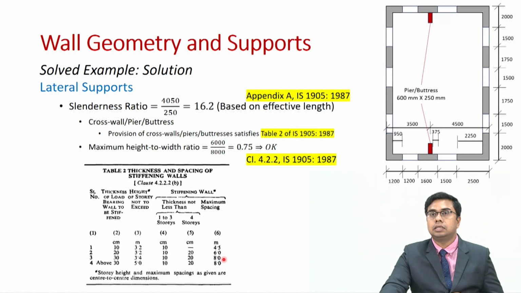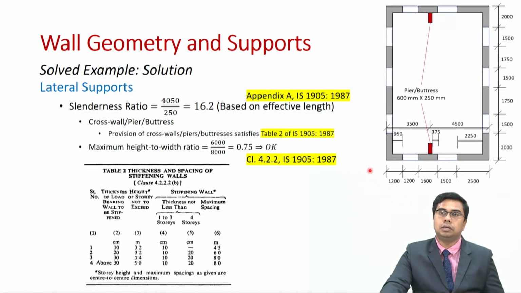As we can see in this case, I am interpolating between 6 and 8, because our thickness of wall to be stiffened is 25 centimeters. So, 7 meters. Here the spacing is much lower, it is 4.5 meters on this side, and on this side it is 3.5 meters.